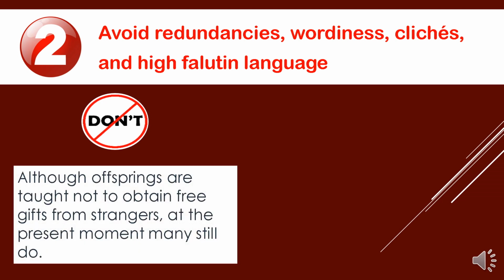Although offsprings are taught not to obtain free gifts from strangers, at the present moment, many still do. So there are words that are being repeated, words that have the same meaning. Free and gifts, they are both the same.